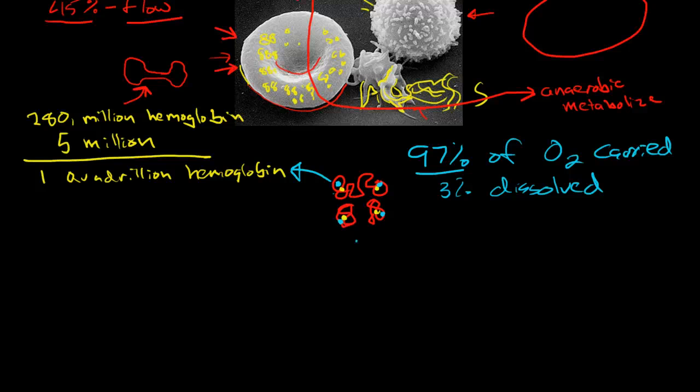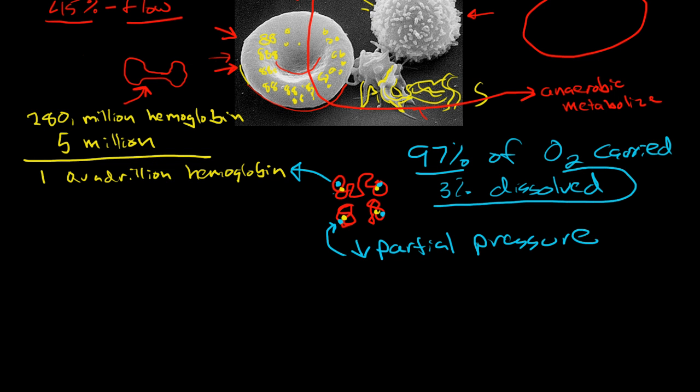And the lower the partial pressure of oxygen inside the blood, the less is going to be bound to hemoglobin. So the amount of oxygen that's bound to hemoglobin is really dependent on how much oxygen is dissolved in the blood surrounding that hemoglobin molecule. So as the amount of oxygen decreases in the plasma, more oxygen sort of falls off.